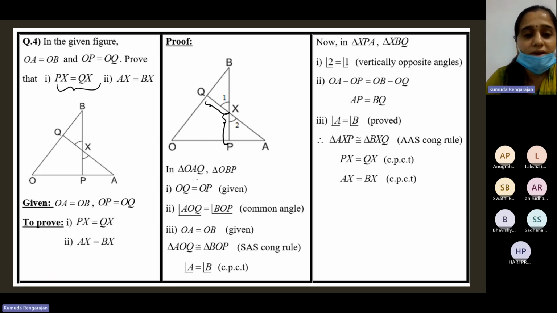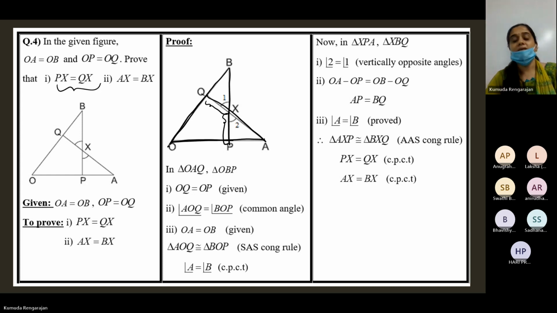In triangle OAQ, where is OAQ? In triangle OAQ and OBQ, this one. Which are the equalities here?